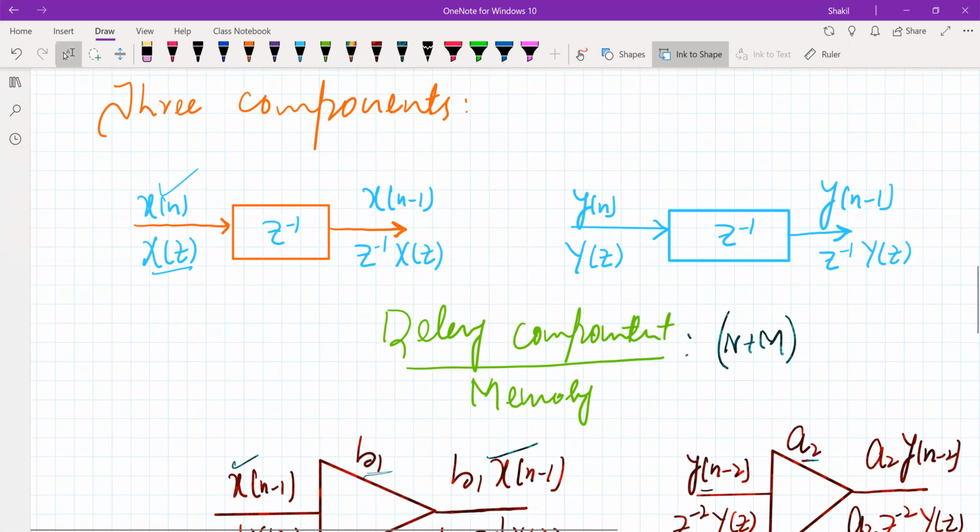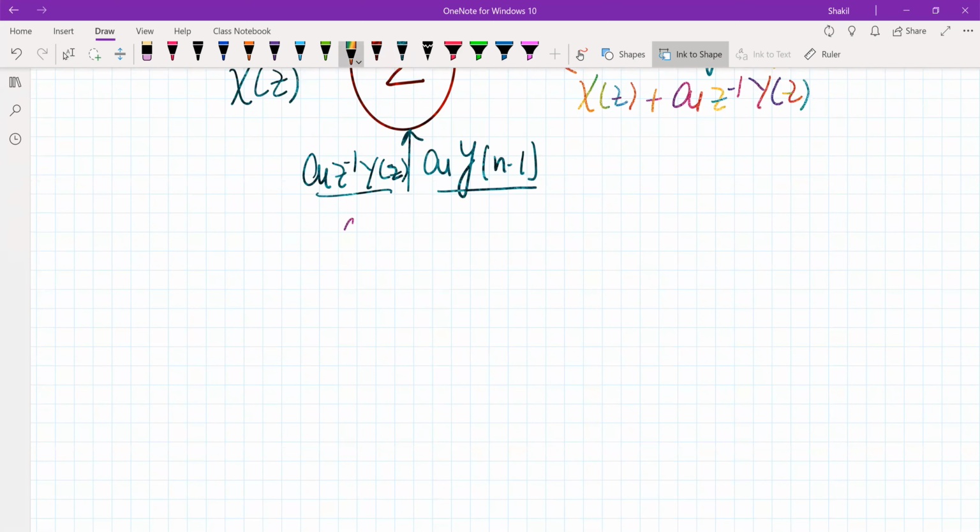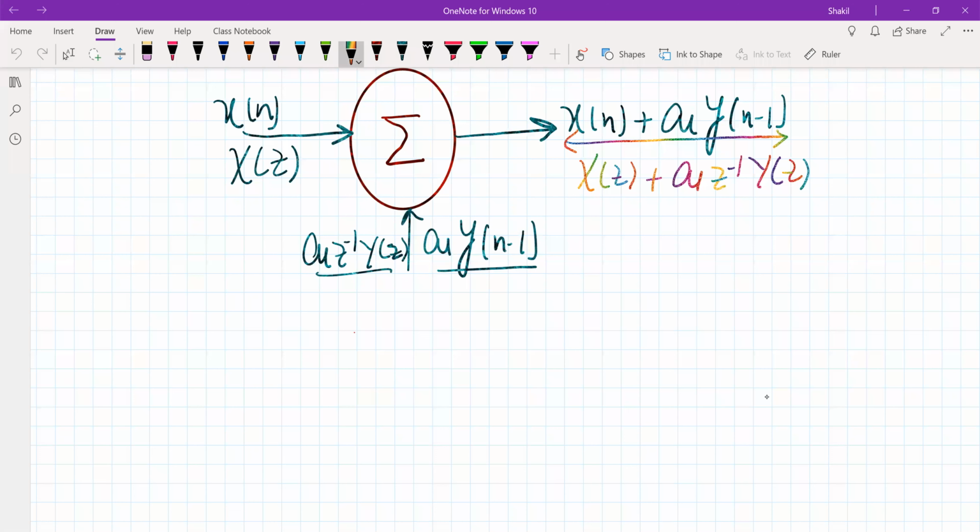Now how many adders or summers are used here? Adder, you can call it, an addition operation in short.